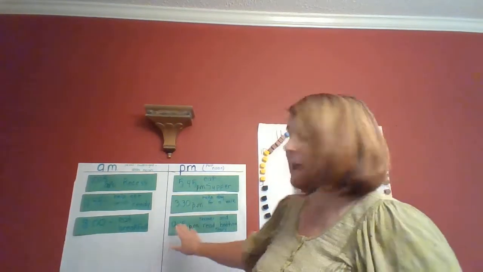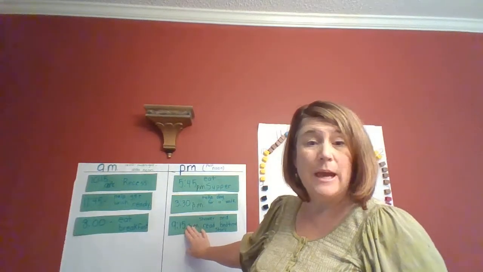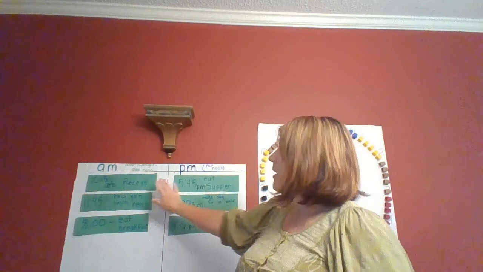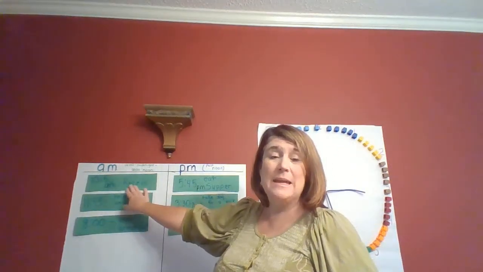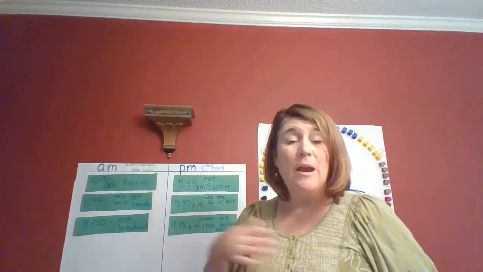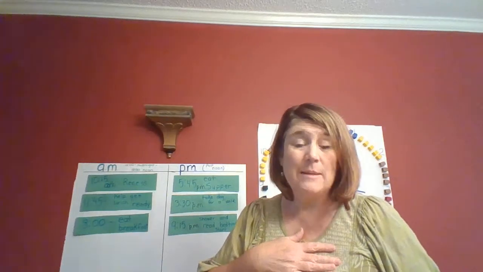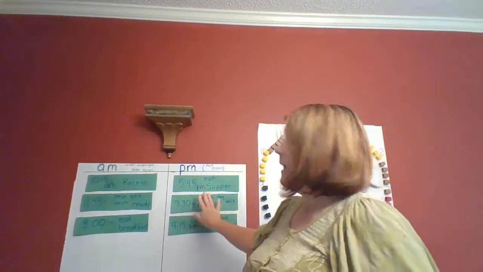Because 9:15 a.m. is very different than 9:15 p.m. It's 2 different times. So remember those abbreviations. AM, the first part of the day. We can't always say the morning part of the day because our morning starts at 7 a.m. But we're asleep for part of those AM hours.